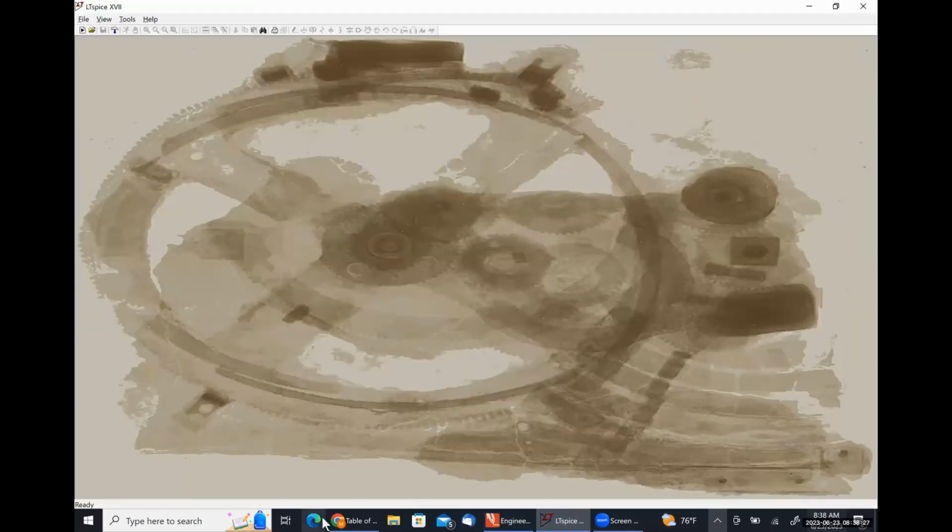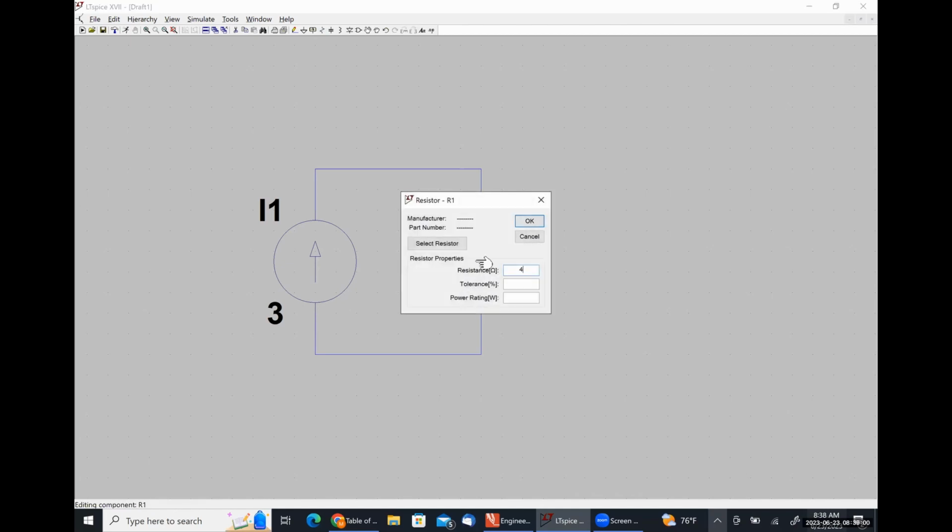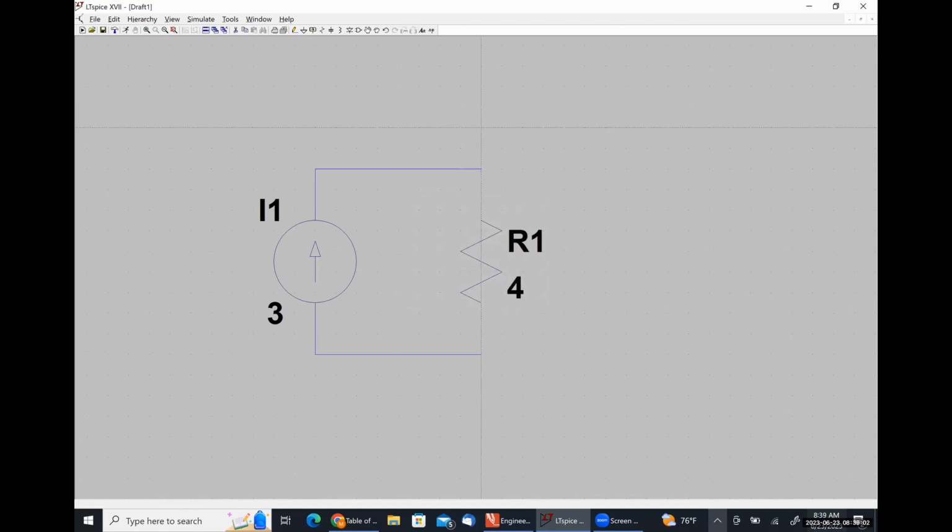So here's LTspice. I'm going to open up a new schematic diagram. So during my transient condition, I have a current source. It is pointed up, and it has a value of 3 amps. I have a 4 ohm resistor that'll go right here. My switch is going to look like a short circuit, so I'm just going to put my inductor here.